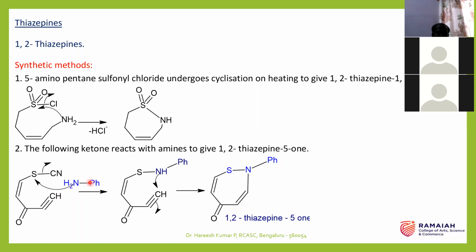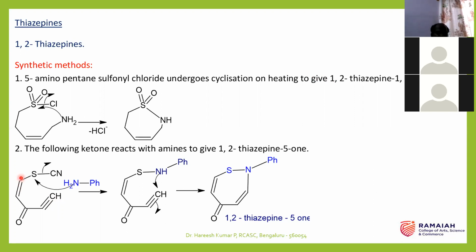An amine is treated with a sulfur compound. Overall, the following ketone reacts with the amine. Here I am taking aniline, and this is the ketone. This ketone contains two groups. One group is the acetylene group.